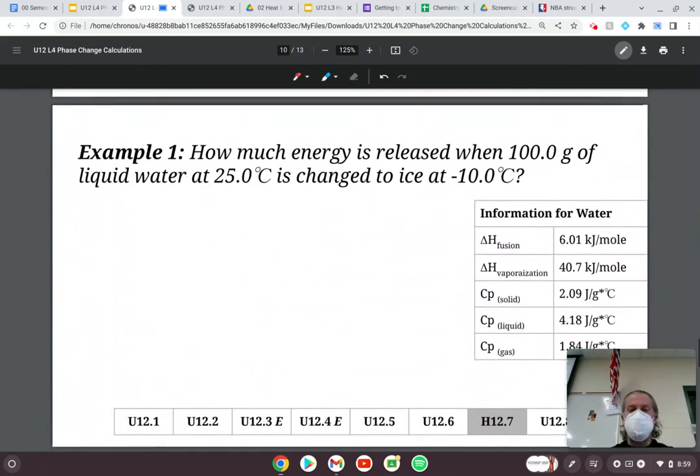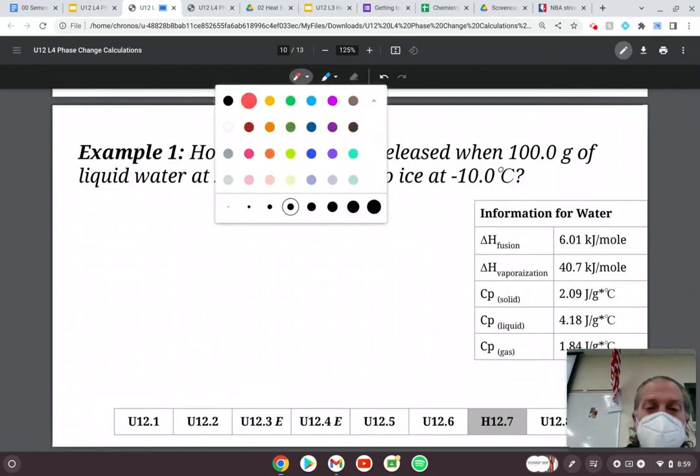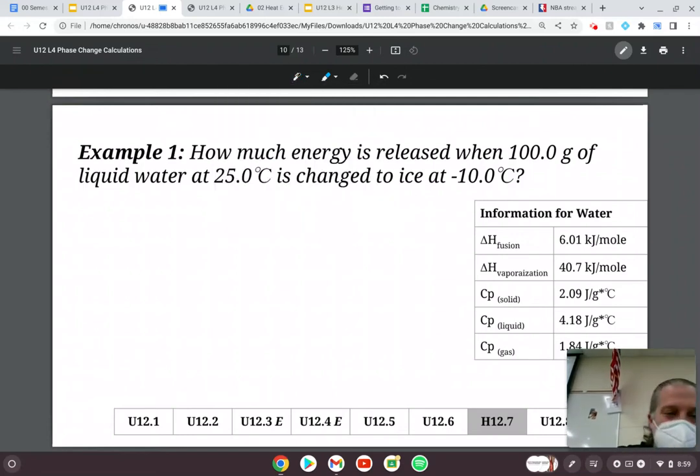How much energy is released when 100 grams of liquid water at 25 degrees Celsius is changed to ice at negative 10 degrees Celsius? So I'm going to draw a real quick graph to help me see what's going on here. If we're talking about the heating curve of water, it looks something like this, right?